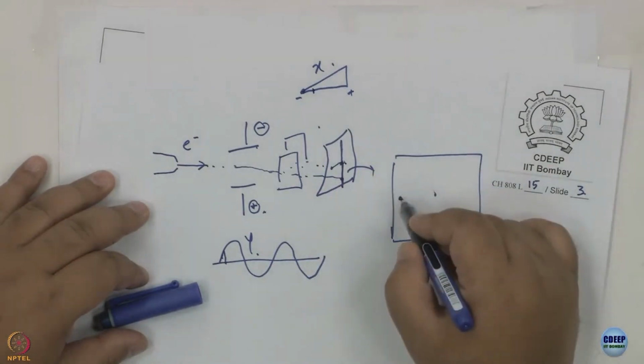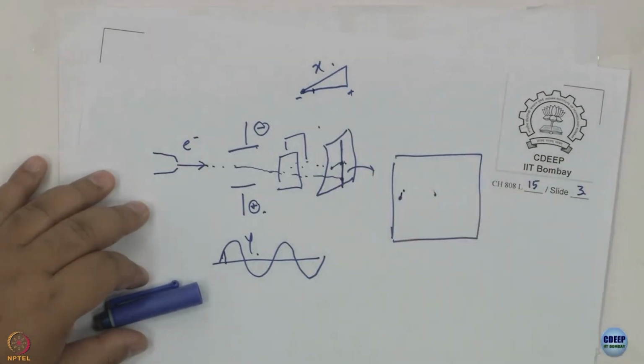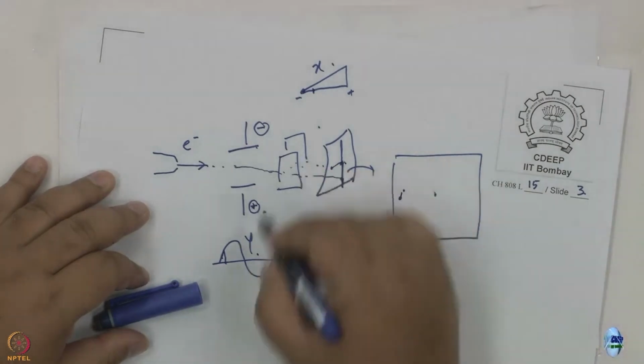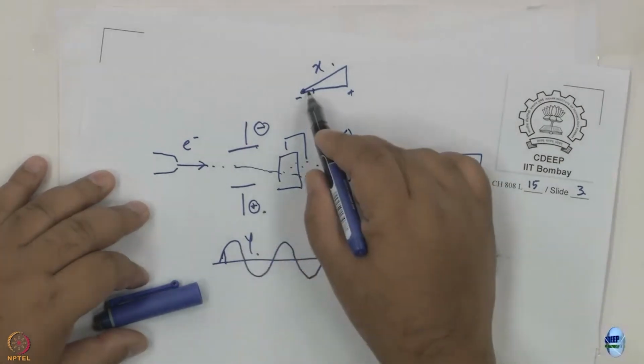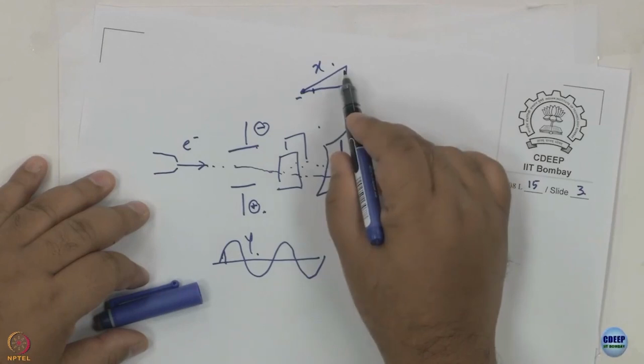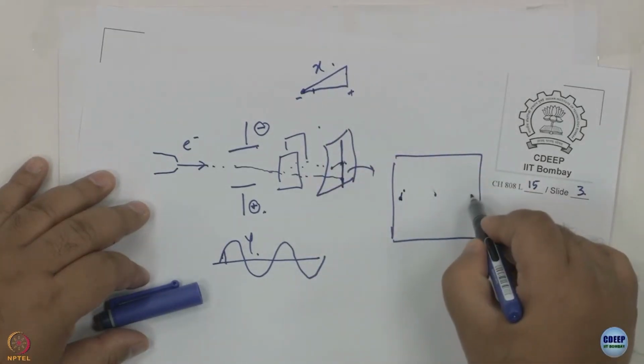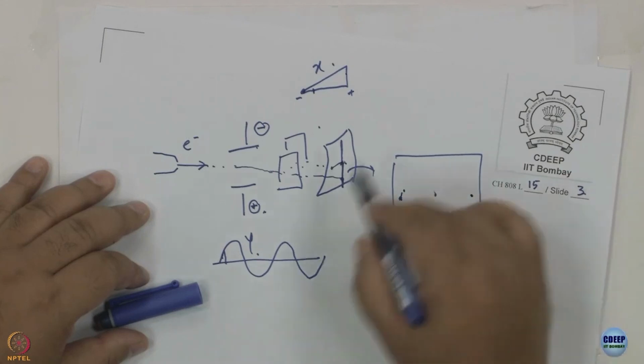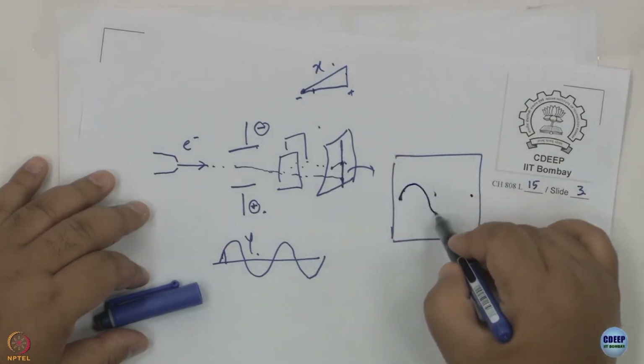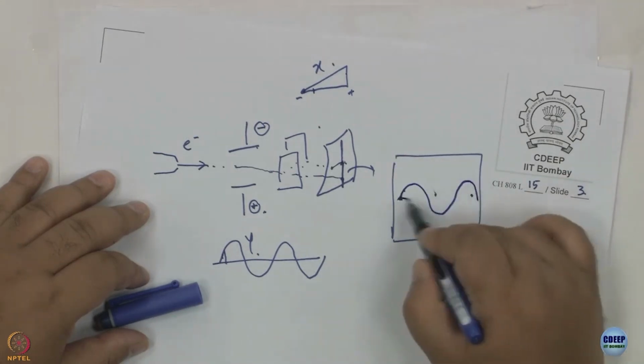So, the spot will move from here to here. This is always adjusted in a way that the maximum is reached when the spot goes horizontally from here to here. And if you have all the settings right, then you get to see this oscillation.